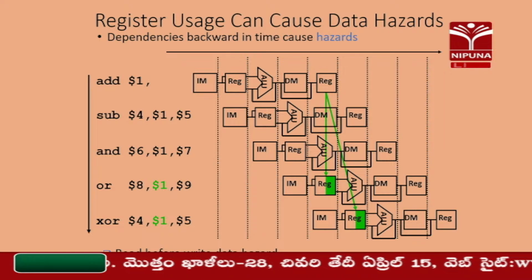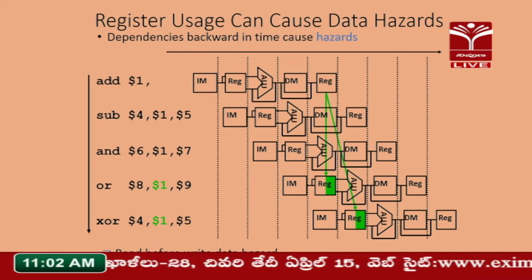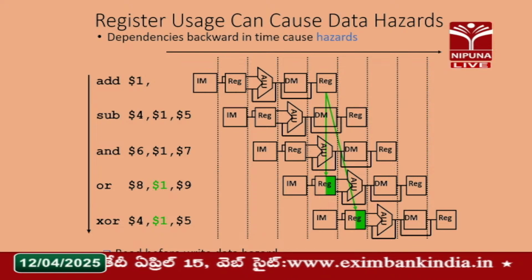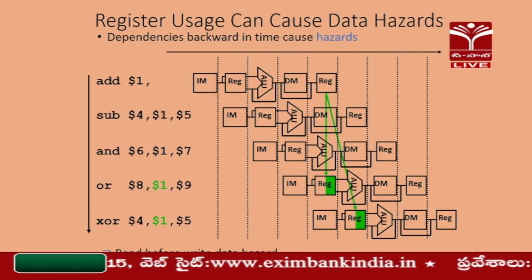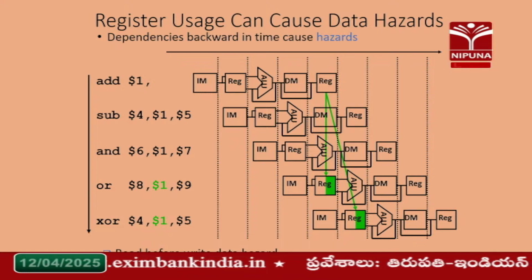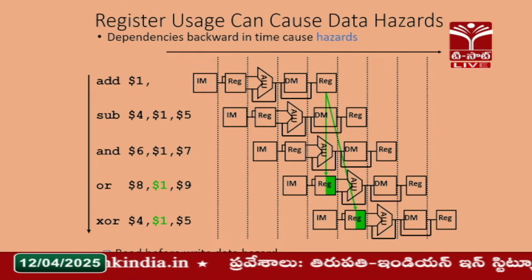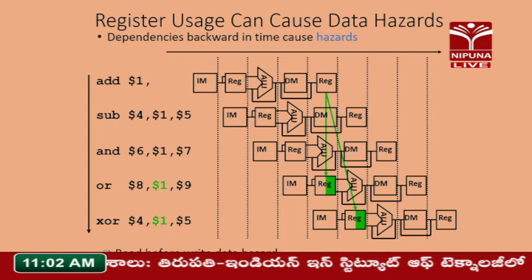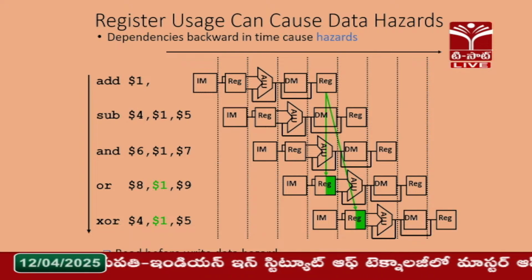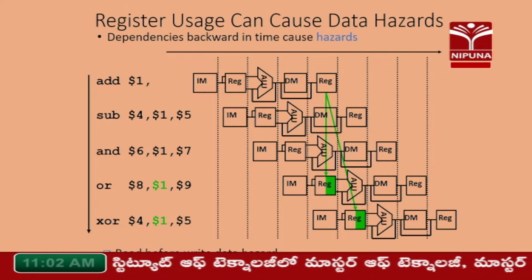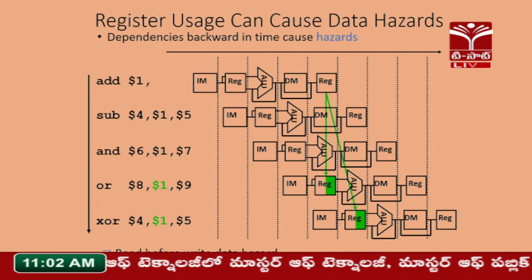That is the job of the instruction in the first line. But if you go down further, the OR instruction also depends upon the same $1. We call this a read before write data hazard. You are reading the data before the write has completed. The add is going to complete in the 5th clock cycle, and the OR instruction is going to read it, right.